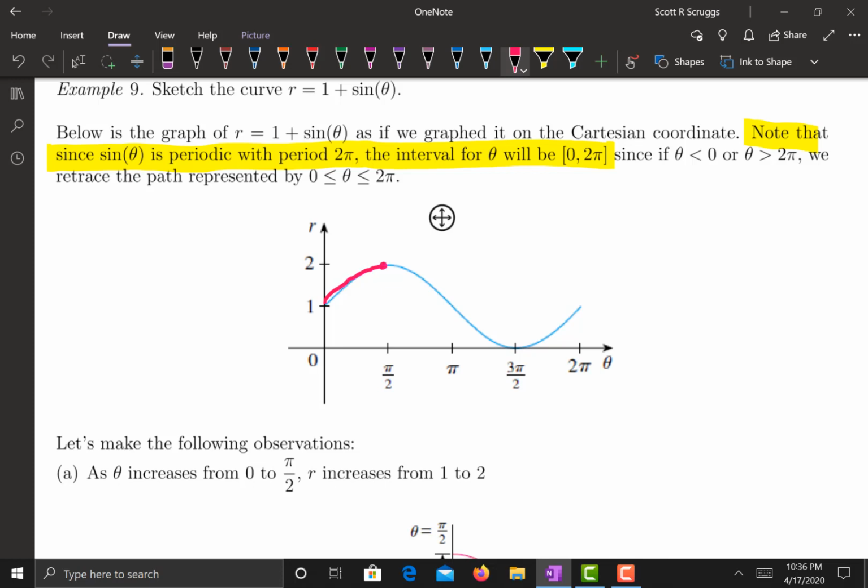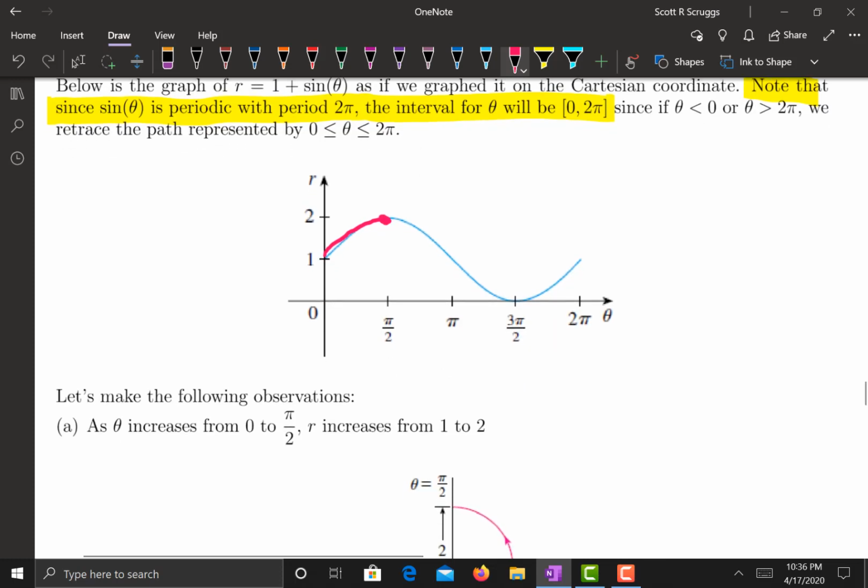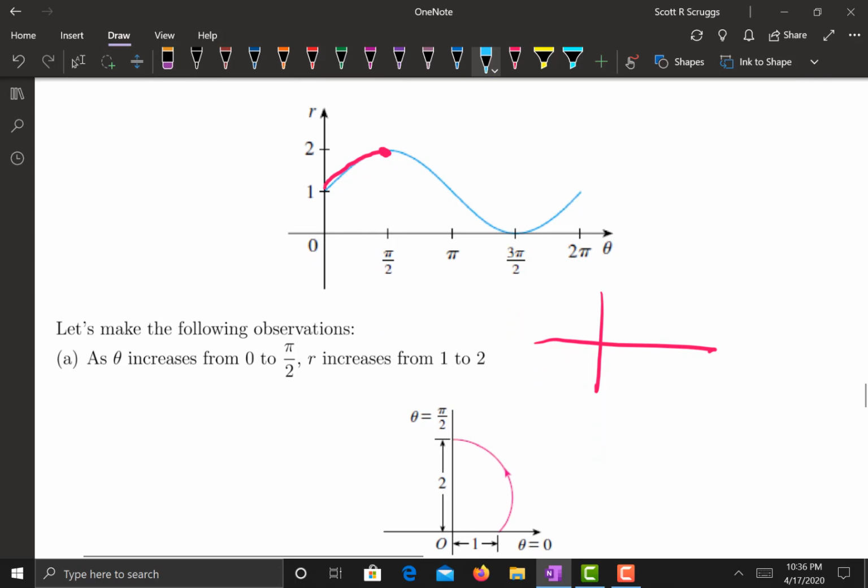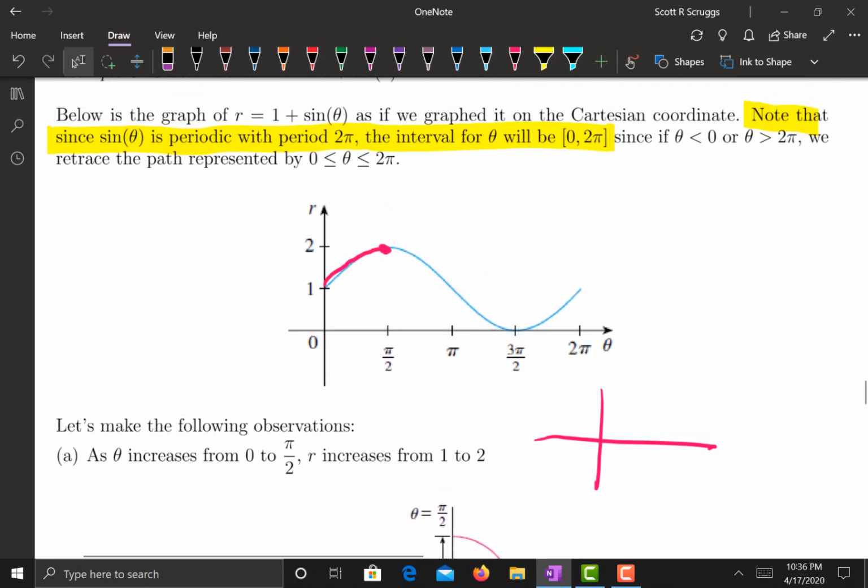So, from 0 to pi over 2, one thing that I note is that I am increasing from 1 to 2. And so here's kind of what that means if I was plotting it. I'm going to start off with a distance of 1.